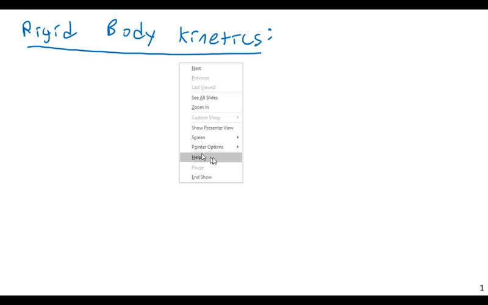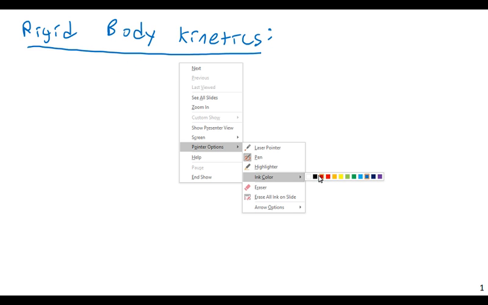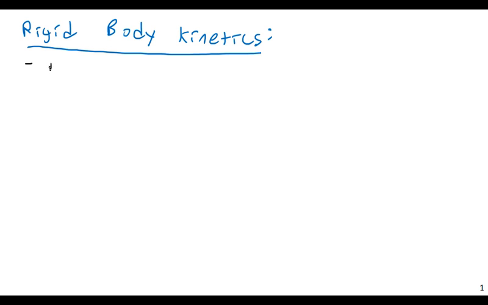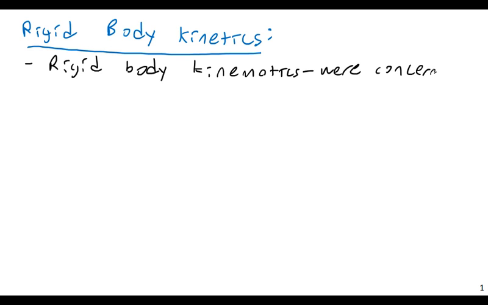Namely, in kinematics, in the previous chapter, rigid body kinematics, we are concerned only with position, velocity, and acceleration, both translational and rotational.